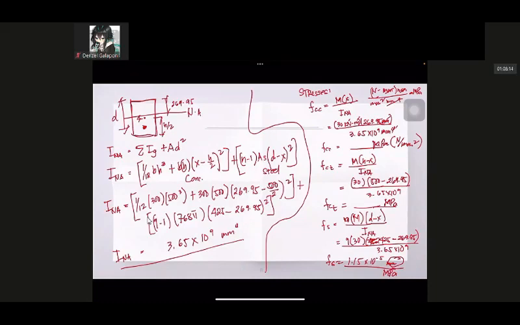Meter to mm, multiply again by 1,000. So the numerator you multiply by 1 million to become Newton mm. So, 30 times 269.95 times 1 million divided by 3.65 multiplied by 10 raised to 9.